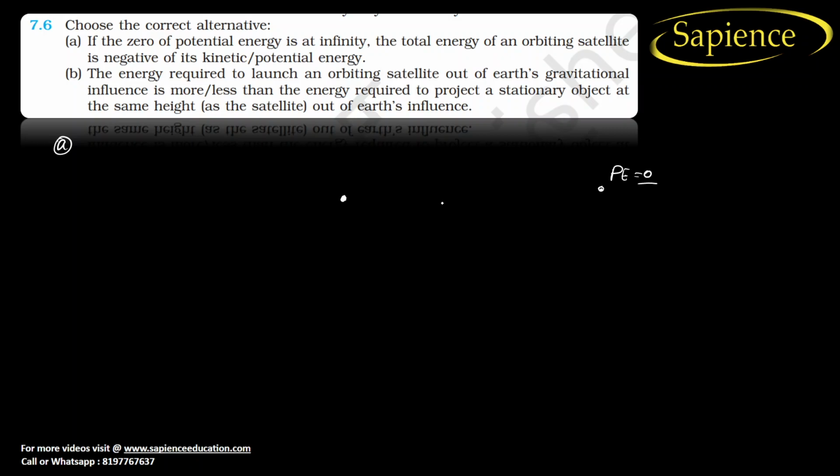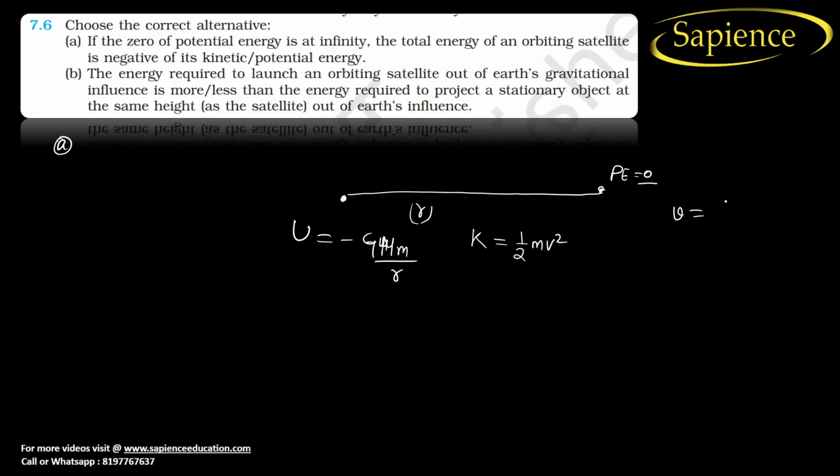At distance r, the potential energy U is equal to minus G into capital M into small m by r. Now if I want to find kinetic energy, kinetic energy is equal to half m v square. Now what is v? As we know, velocity v is equal to root under GM by r.